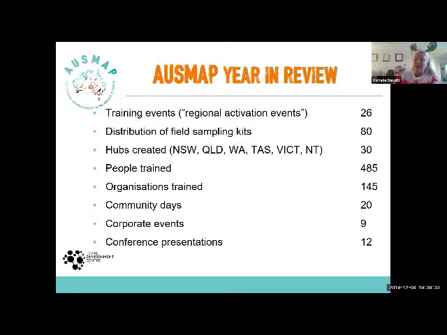We've done at least 20 community days, 9 corporate events, and we've presented, mainly Scott, at 12 conferences, both nationally and internationally. So that's really exciting. As I said, we've got close to 3,000 people involved.